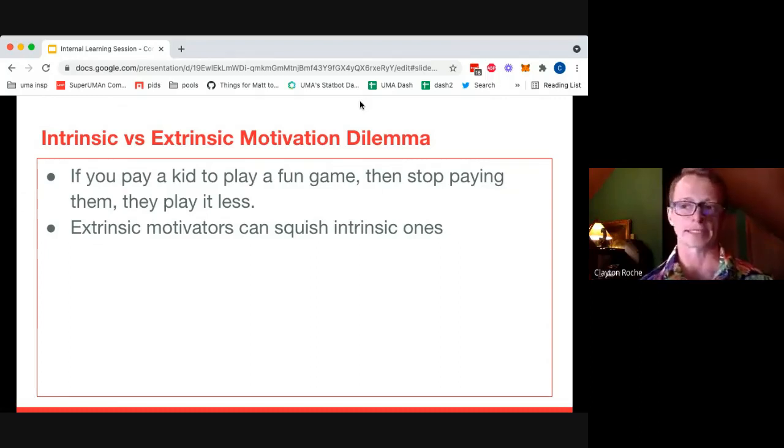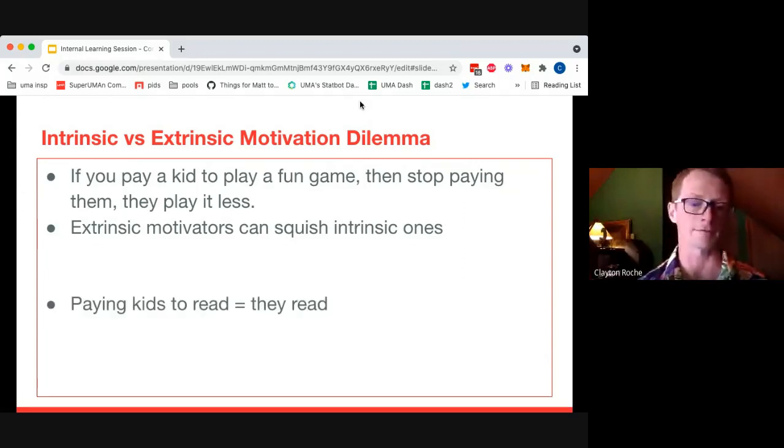But the problem is it doesn't necessarily result in a long-term habit or trend. In the same way, you could take something kids like doing just for the joy of it, such as playing a fun game. But when you start paying them to do it, it changes something in their brain and they stop liking it as much, or they come to expect the reward, or something happens where they no longer will play the game just for fun, or they'll play it less.